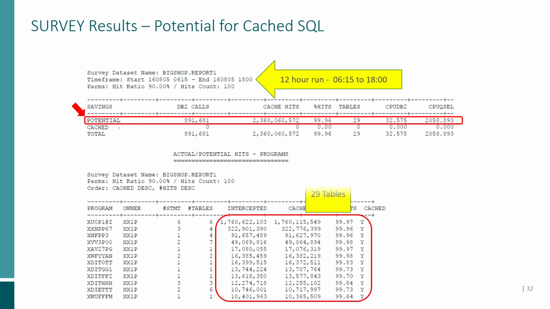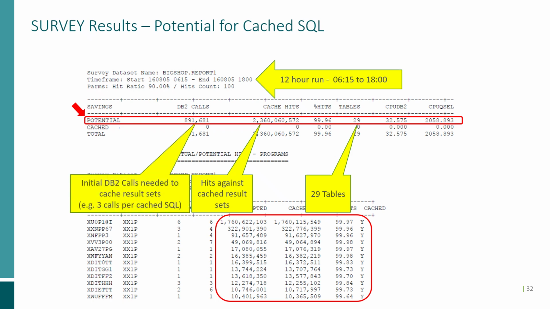And what this summary report shows us is that QuickSelect identified cacheable result sets derived from 29 different tables, that it identified 2.36 billion potential cacheable hits against those tables, that it would have taken 891 initial Db2 calls to arrive at the 2.36 billion cacheable hits.